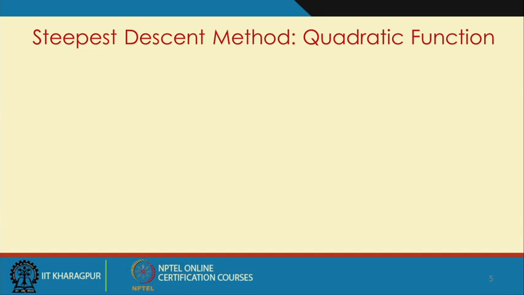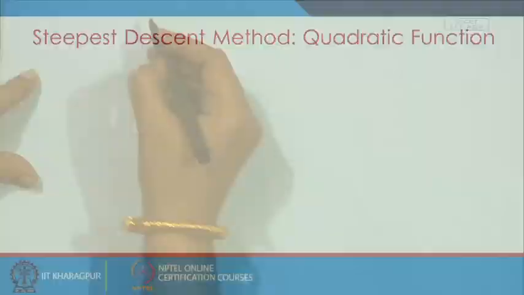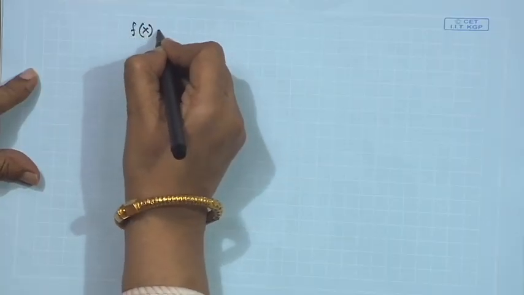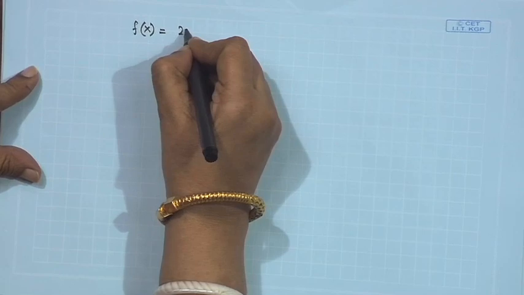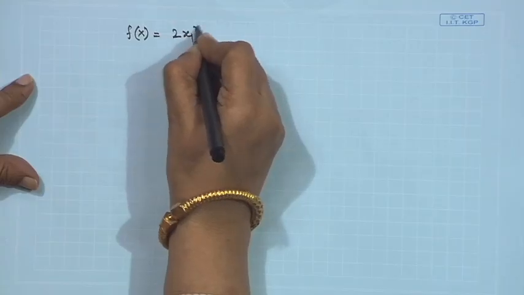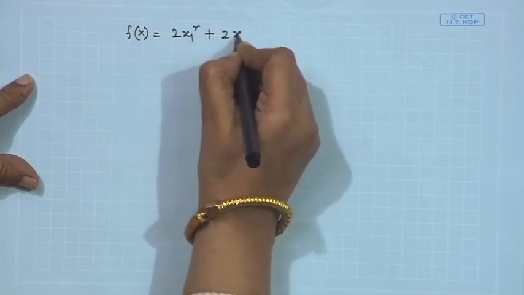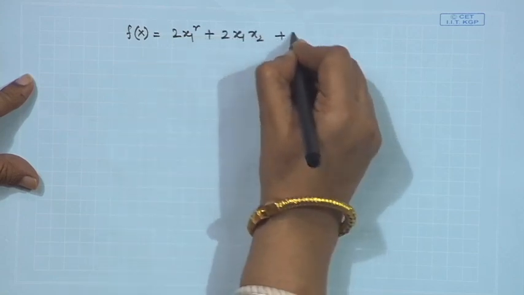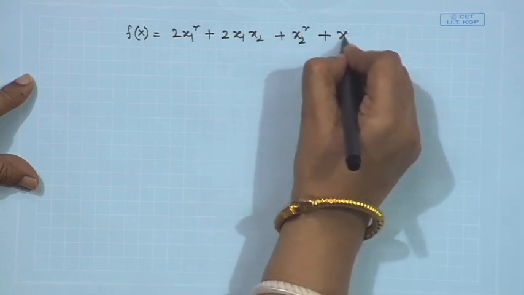That is why the steepest descent method has been redefined for the quadratic function, by employing the concepts I explained to you. What is a quadratic function? A quadratic function is a function of degree 2. Let me name one quadratic function, as I showed you before: f(x) equals 2x1 square plus 2 x1 x2 plus x2 square plus x1 minus x2.